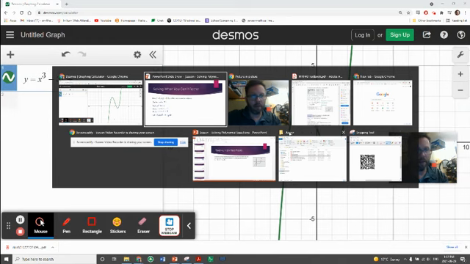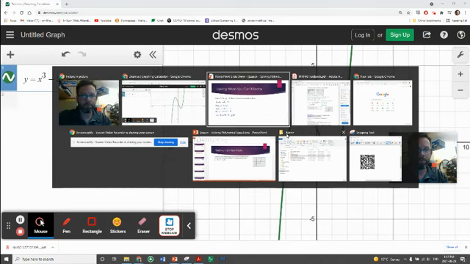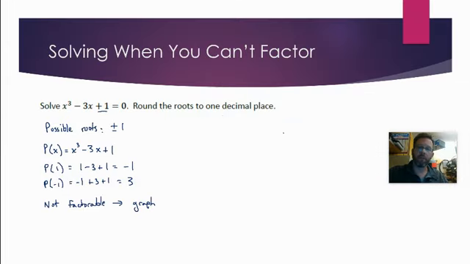So let me just get a rough sketch of this in our notes, and maybe you want to just copy down a rough sketch of this graph too. But what did we see when we graphed it? We got something, just roughly speaking, that looked like that.